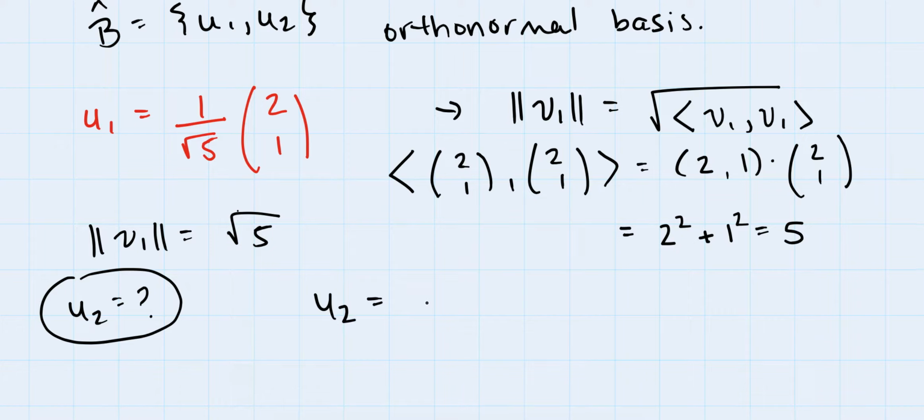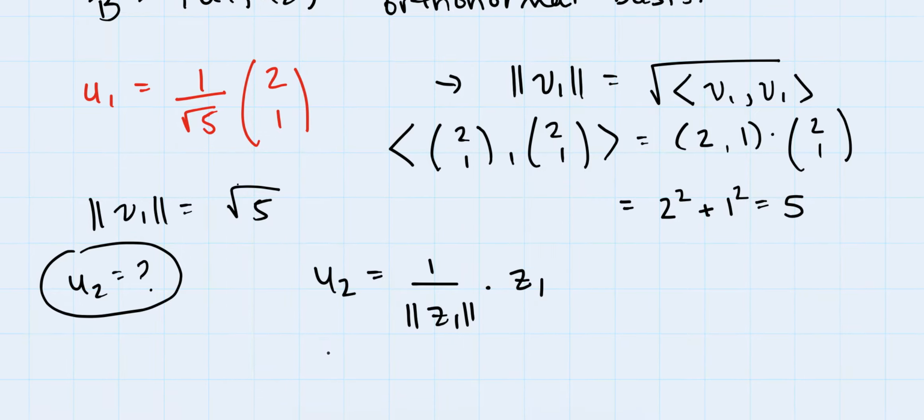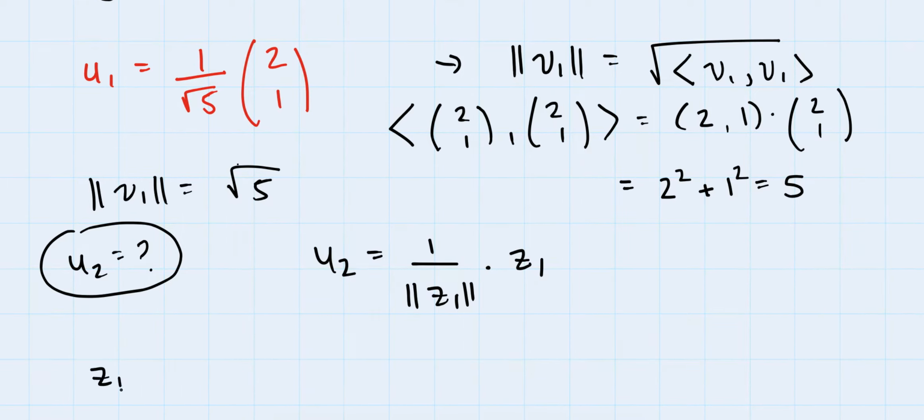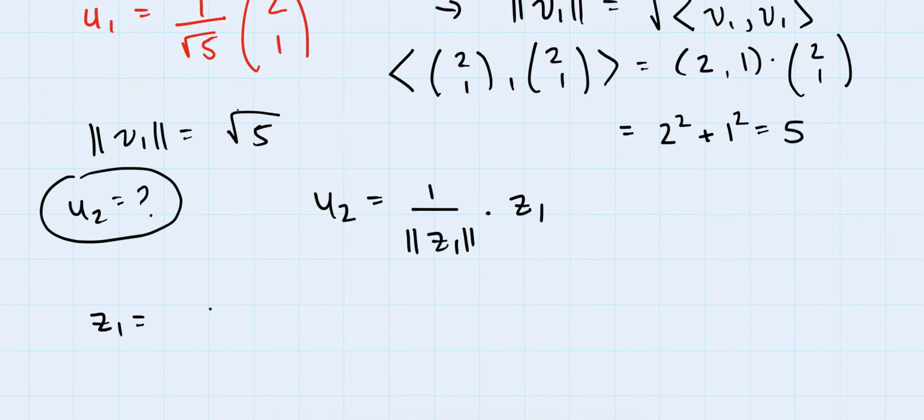U2 is 1 over the length of Z1 times Z1, where Z1 is equal to V2 subtract the inner product of U1 with V2 times U1.